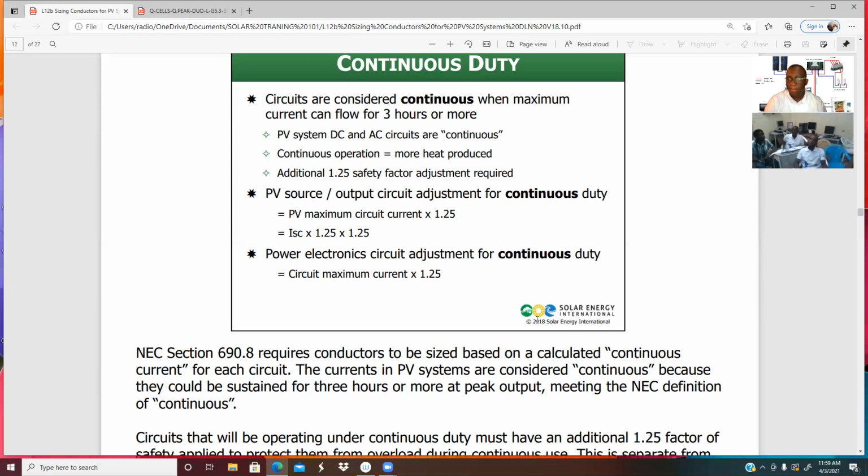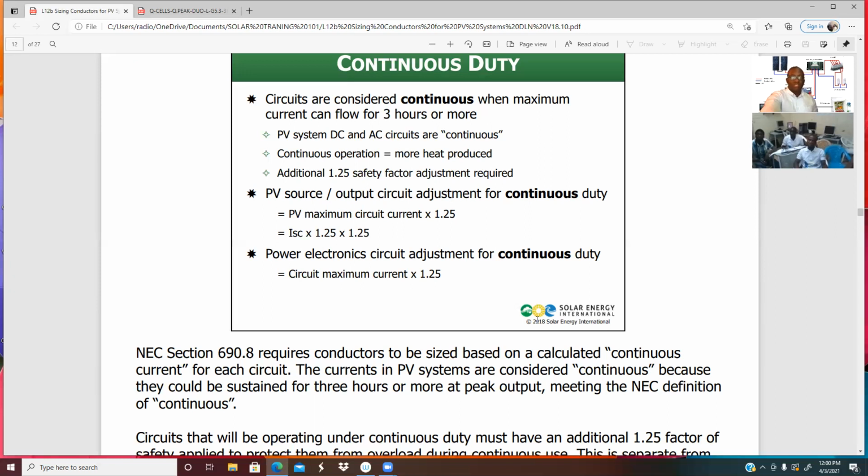That is on the data sheet. That is the minimum. So you take that minimum and multiply by 1.25. When you multiply by 1.25, you get the maximum, the substantial current for that PV. Excellent. That's beautiful. So that's how we found the PV maximum current.